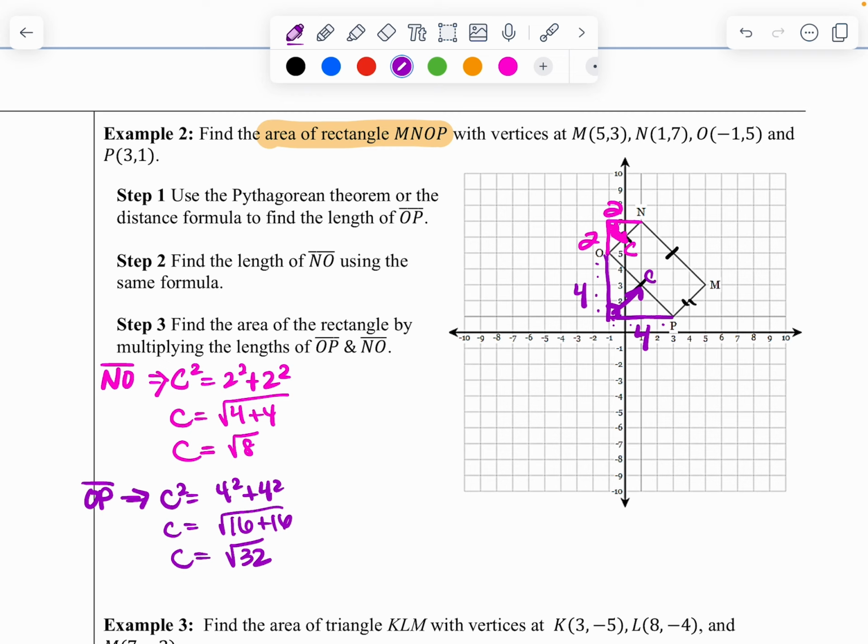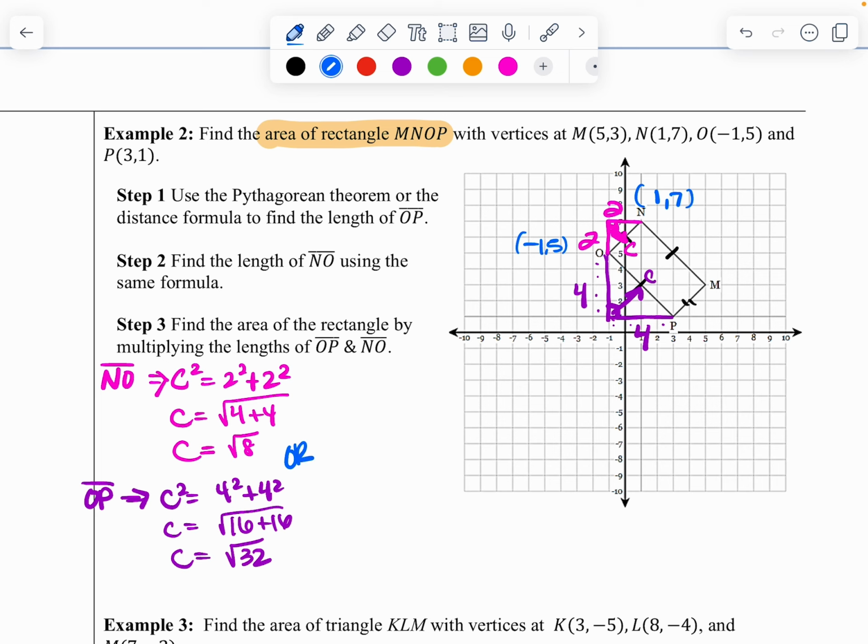I can also do this using the distance formula. Remember that I'm looking for N, which is 1, 7, and O, which is negative 1, 5.